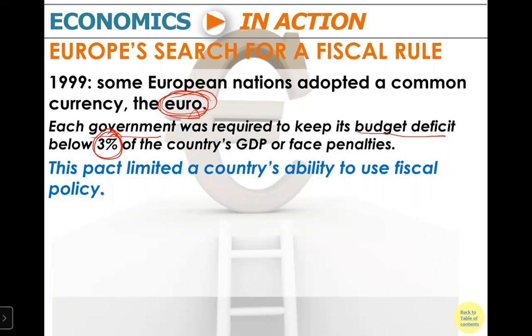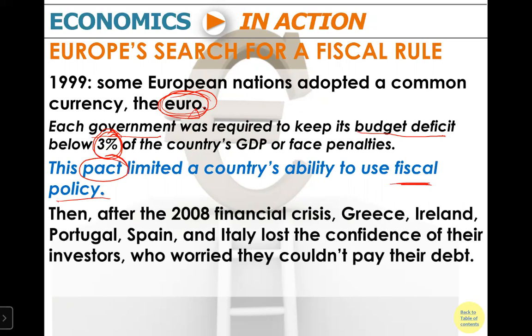This regulation, or pact, or agreement, turns out to have largely limited a country's ability to use fiscal policy, particularly during a downturn. That is why after the 2008 financial crisis, those European countries lost the confidence of their investors, right?